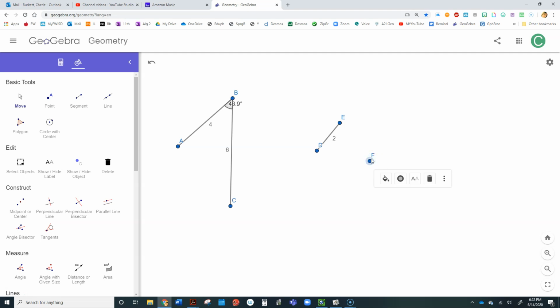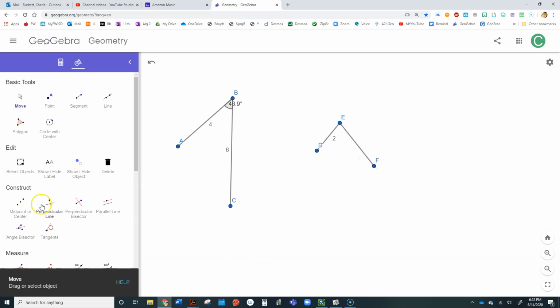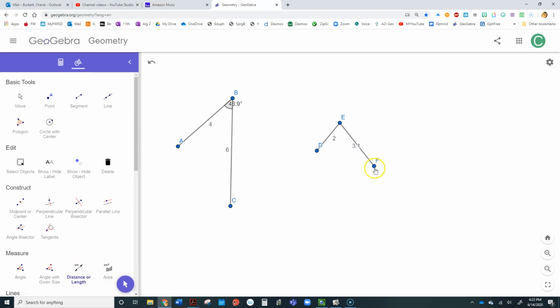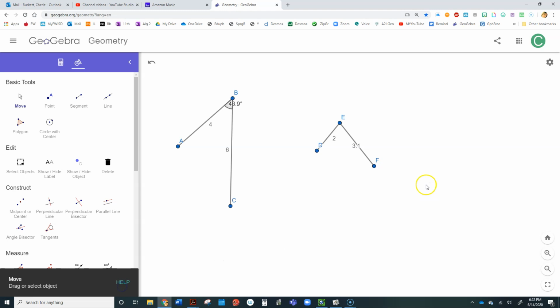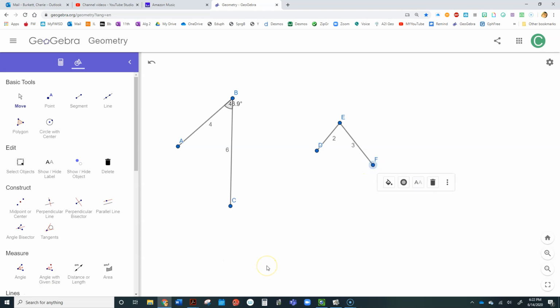Okay, I messed up. So let's try again. Let's do segment EF. And now we're going to measure it. And it's 3.1. So I'm going to shorten it just a smidge. There we go. And they want the measure of angle E to be 47 also.